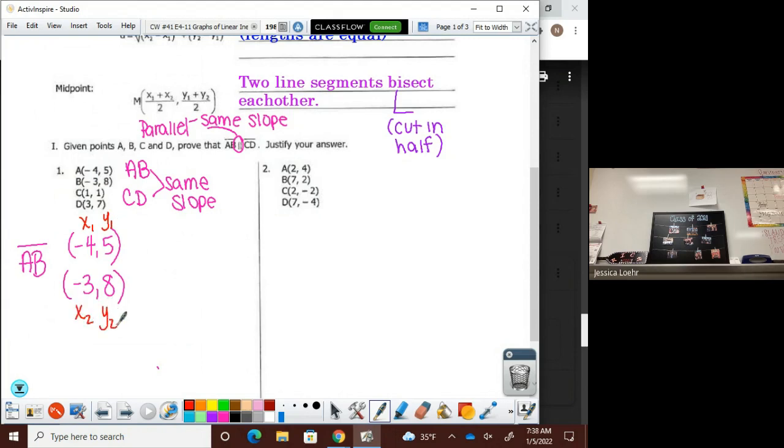And then I'm going to plug those values into the slope formula. So I have 8 minus 5 over negative 3 minus negative 4. And you're going to plug that right into your calculator.